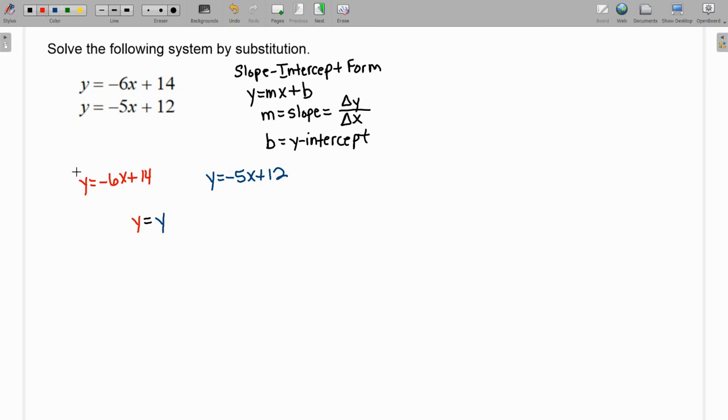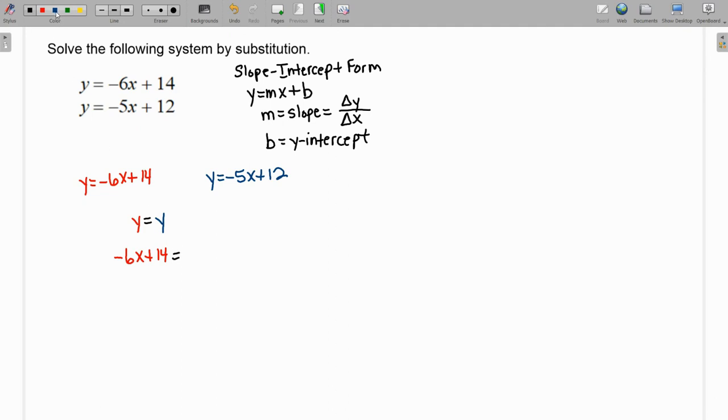Now, in our first equation, we're saying that y is equal to this algebraic expression. That means that y can be replaced with this algebraic expression, negative 6x plus 14, and no harm is going to be done here. So I'm going to write negative 6x plus 14, replacing that red y with its equivalent expression.